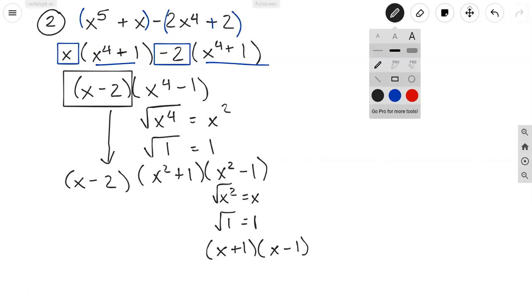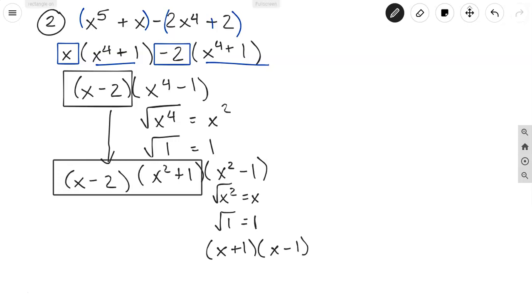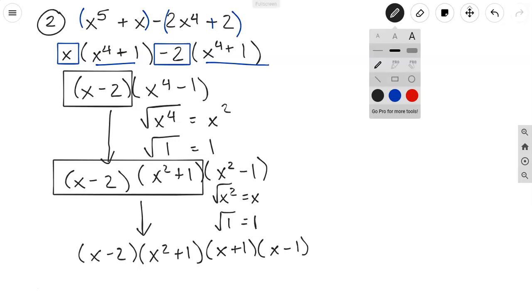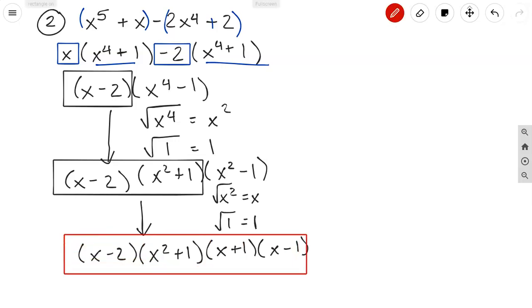I got to remember though that all these terms that were in the front right here, I have to bring back down. So I have x minus 2, and I have x squared plus 1. And this is my fully factored answer.